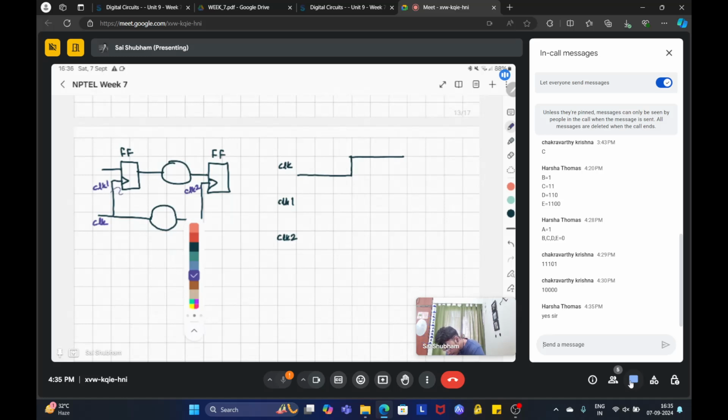Clock 1 will have some delay because there is some path delay. Right now it will take some time, then it will go up. Clock 2 has a much bigger delay, so it will take more time. Fine.